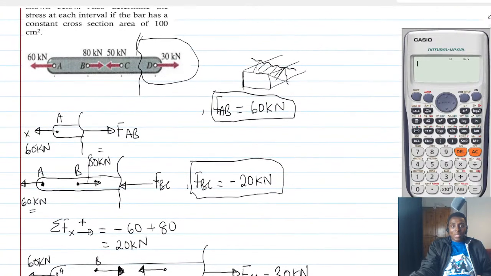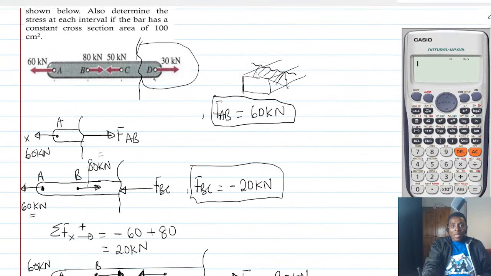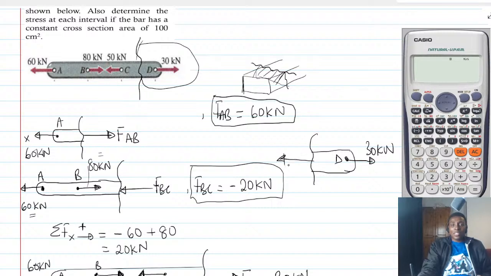You see that if I were to use the small portion, let's say this is the cut, and let's say this is the small portion, and then here was 30 kilonewton, and this was D. So for equilibrium, we just have to attach another 30 here.